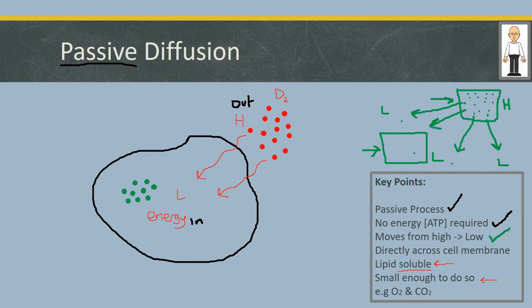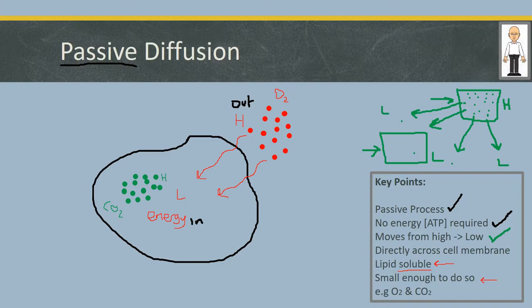And while I'm drawing these, you can have a think of what the waste product might be. And if you haven't already thought about it, the cell produces something called carbon dioxide, or CO2. So what we get is a buildup of carbon dioxide inside the cell. So we get a high concentration of carbon dioxide building up inside the cell.